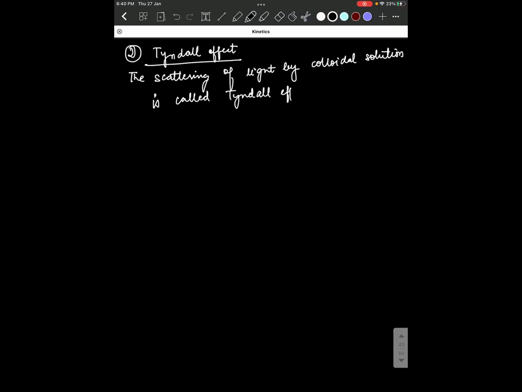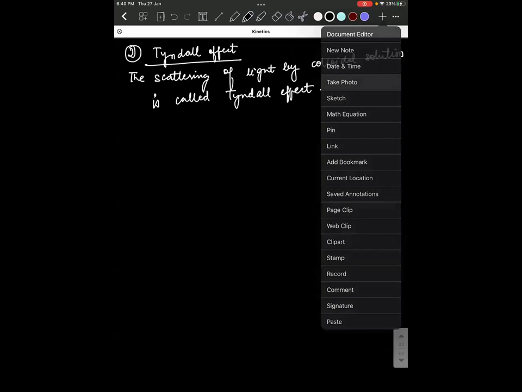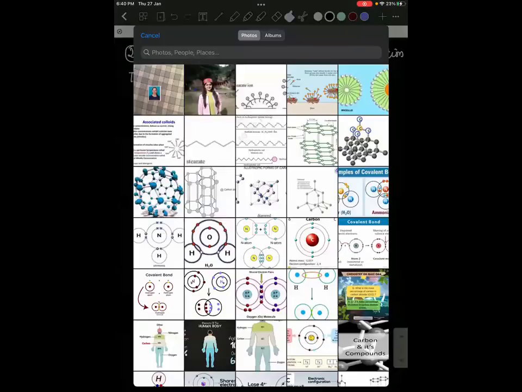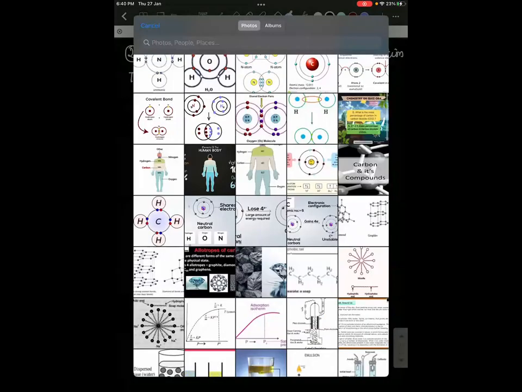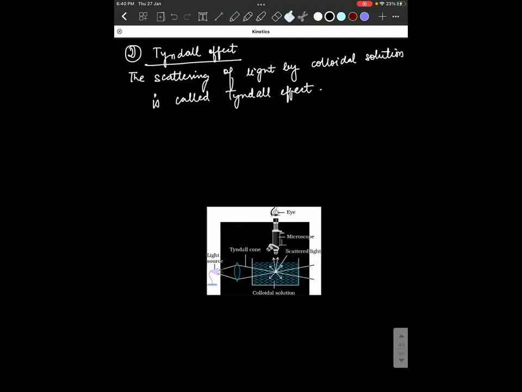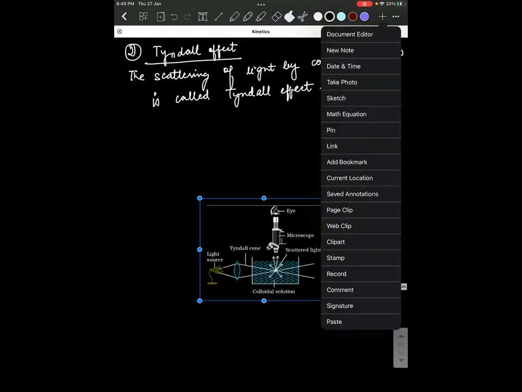Now, this Tyndall effect I will be explaining using one diagram. Let me take that diagram. This and one more.